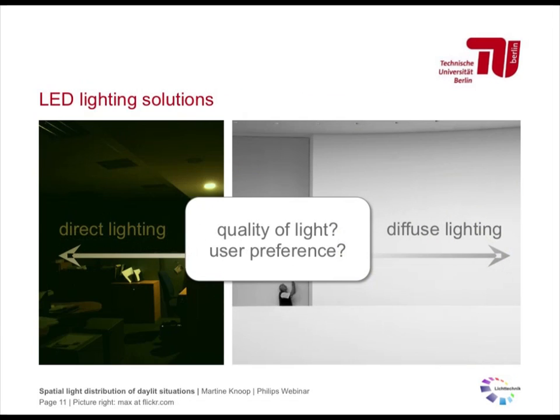What we know in the end is that the quality of light and the response of the user is something that we need to look at, having this broad bandwidth of different lighting solutions that we can realize with LEDs. One could, of course, wonder if the standards do not already solve this.